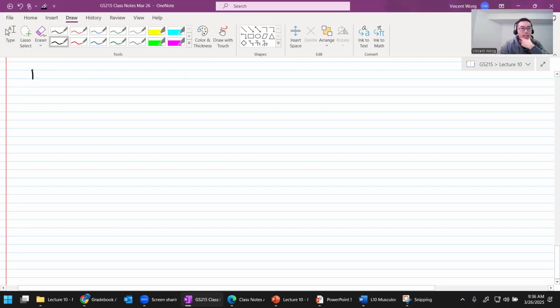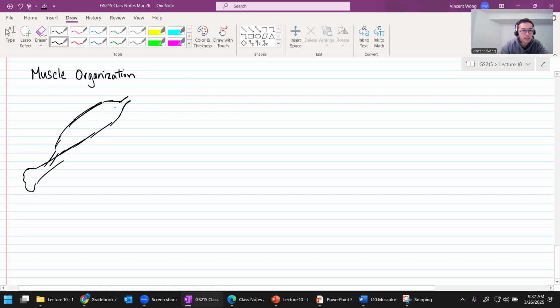So, muscle organization. Let's say we have a bone right here, and attached to the bone would be a muscle. Not all muscles look like this, but this is the easiest one for you to visualize.